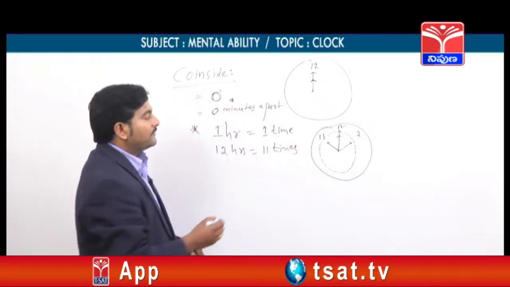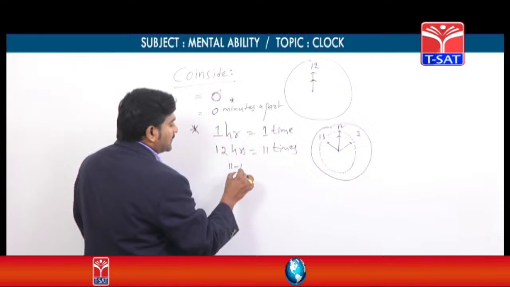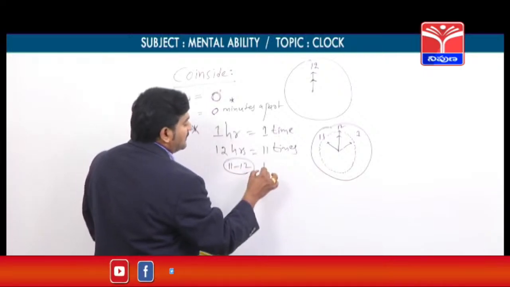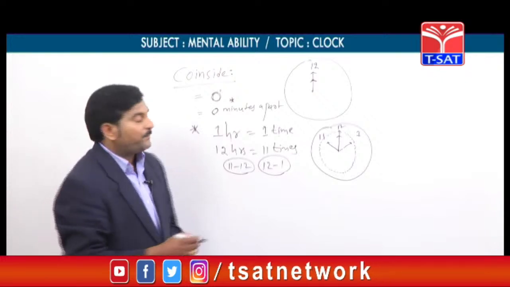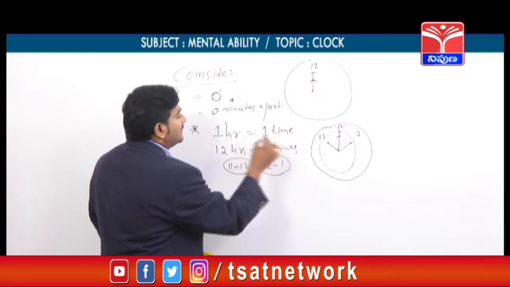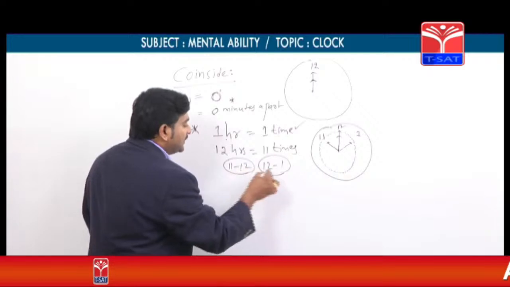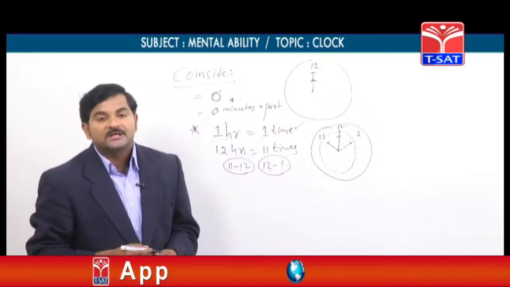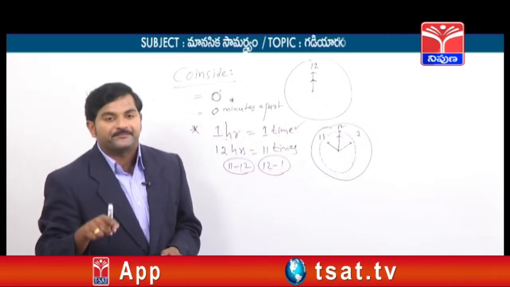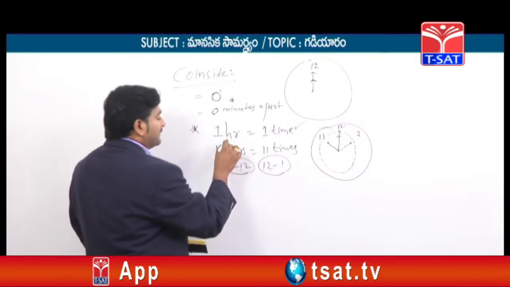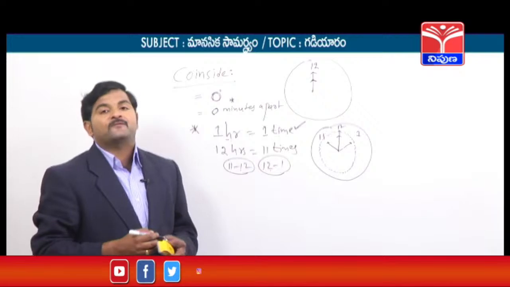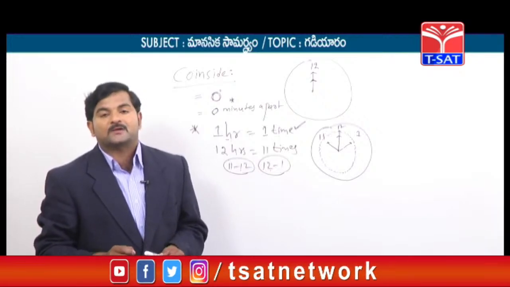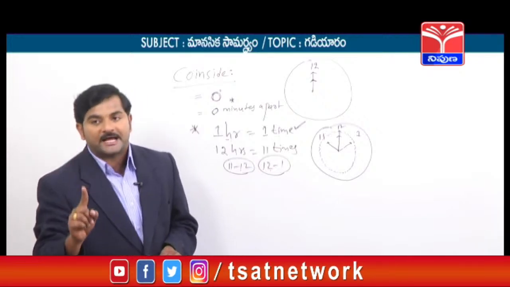That's why for 11 o'clock to 12 o'clock and 12 o'clock to 1 o'clock, for these 2 hours it could be 2 times, but they coincide only one time. So for every 1 hour two hands coincide one time, but in the span of 12 hours two hands coincide only 11 times.